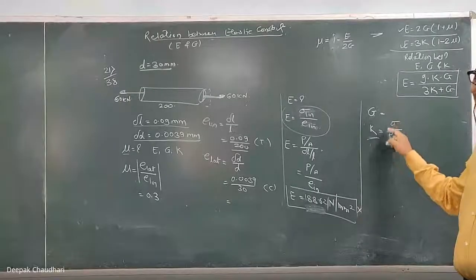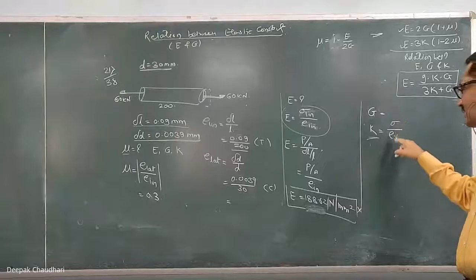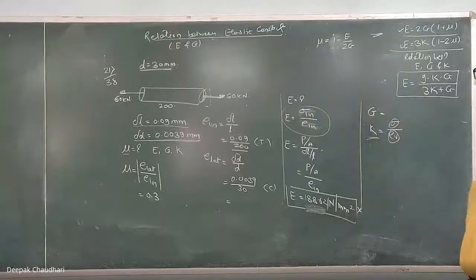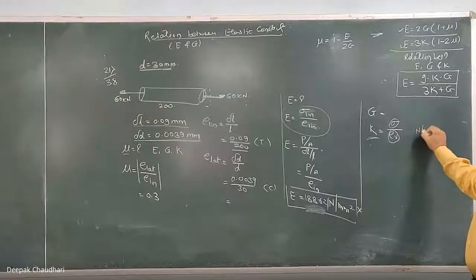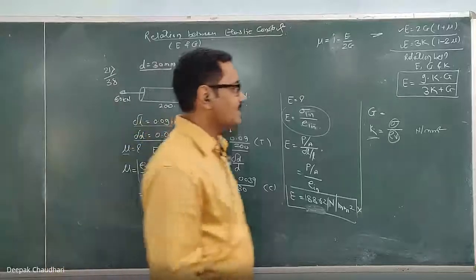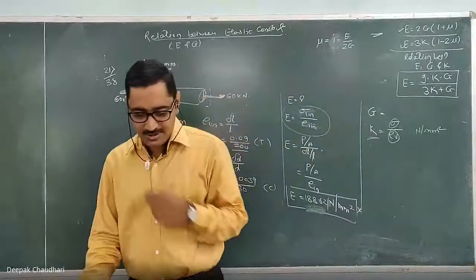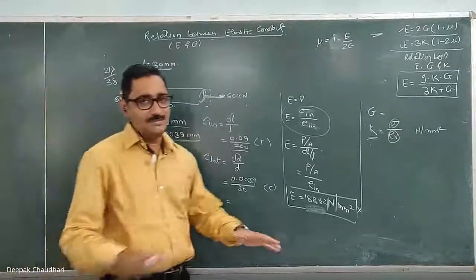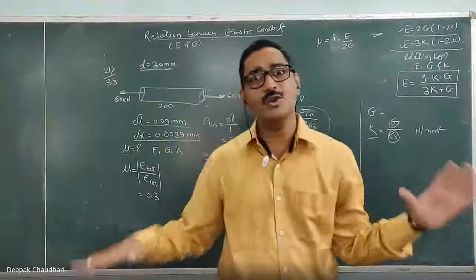Volumetric strain is unitless, so the unit of bulk modulus is equal to the unit of stress, Newton per millimeter square. What is the unit of G? It is also Newton per millimeter square. All of you got the answer? Any doubt? Now you have to do the practice. Listen, this first lesson is over.